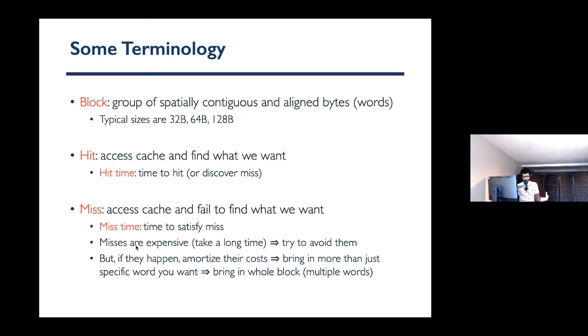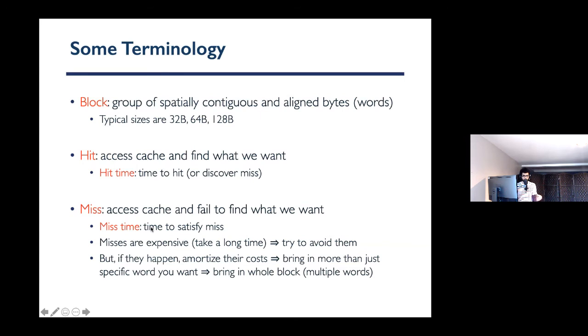Miss time is the time that it takes to satisfy a miss. So these are different, right? Hit time is basically the time that it takes you to discover that you have the item, whereas miss time is the time that it takes you to resolve that miss.